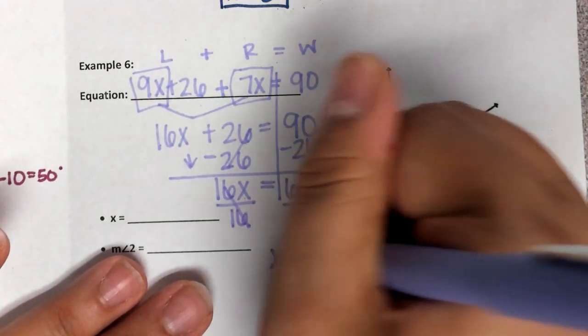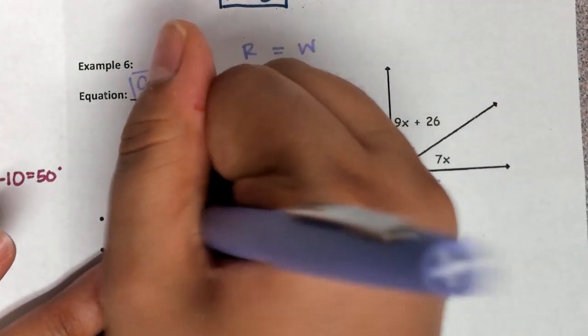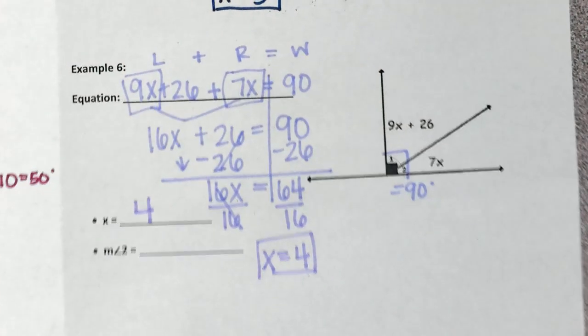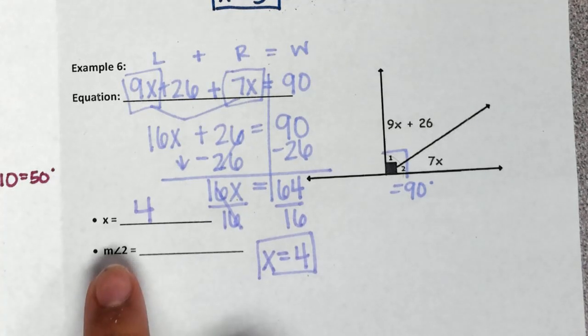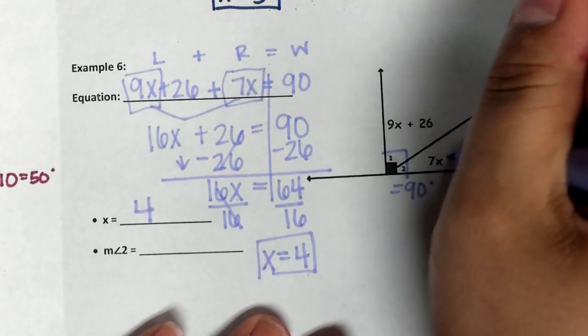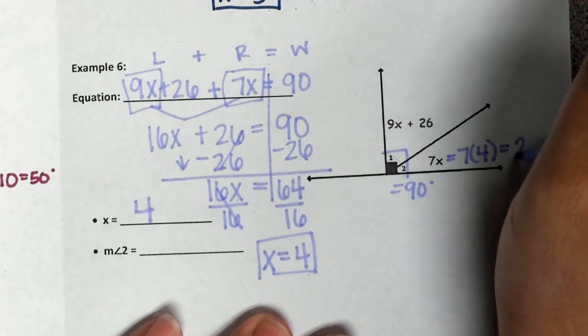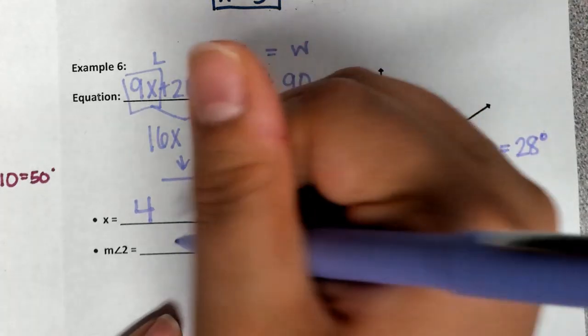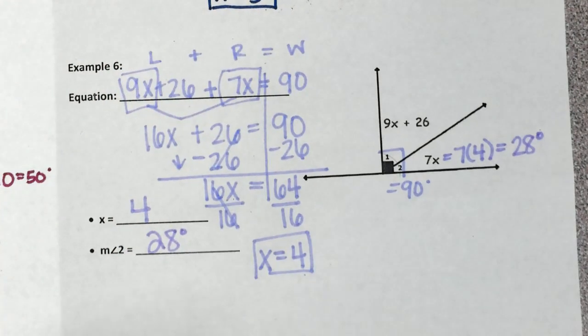What is 64 divided by 16? It wants to know angle 2. What's angle 2? 7x, which is 7 times 4. What's 7 times 4? 28 degrees.